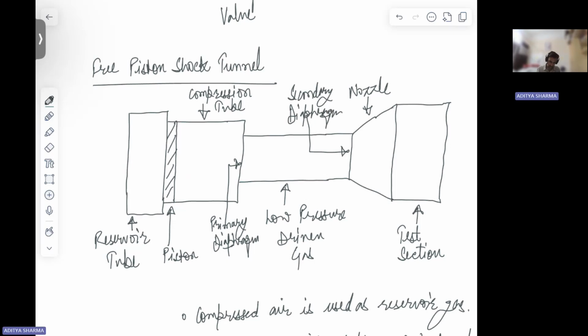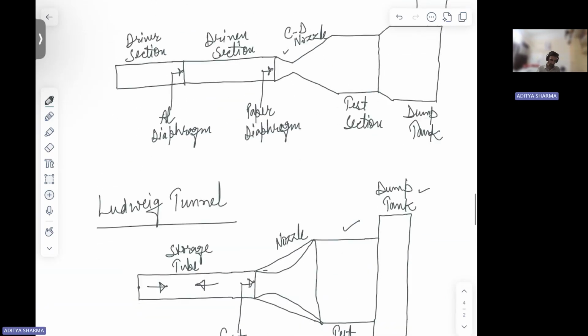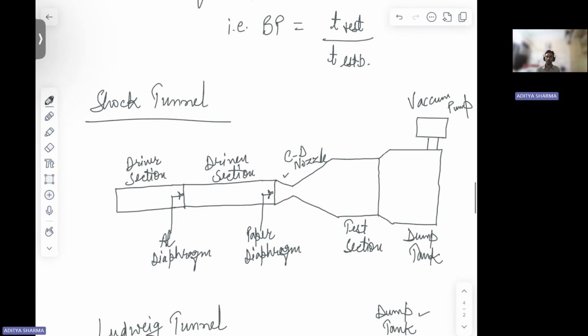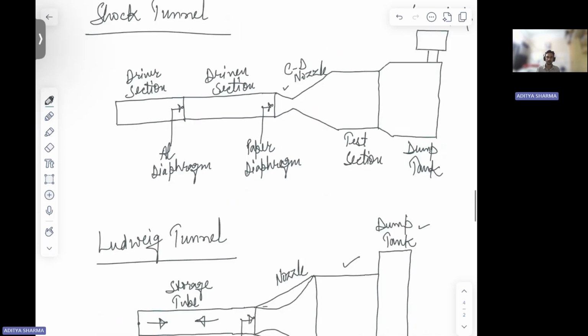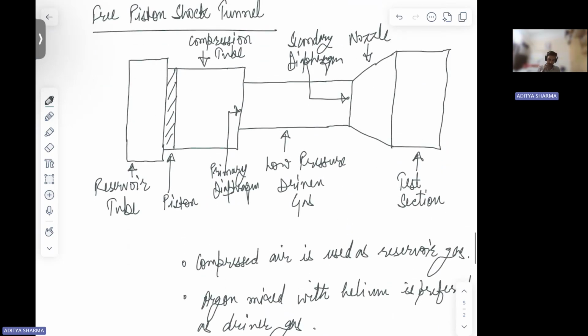So like we had in shock tunnel, first we had an aluminium diaphragm, then we had a paper diaphragm. Same way we'll have some primary diaphragm here and in the compression tube.